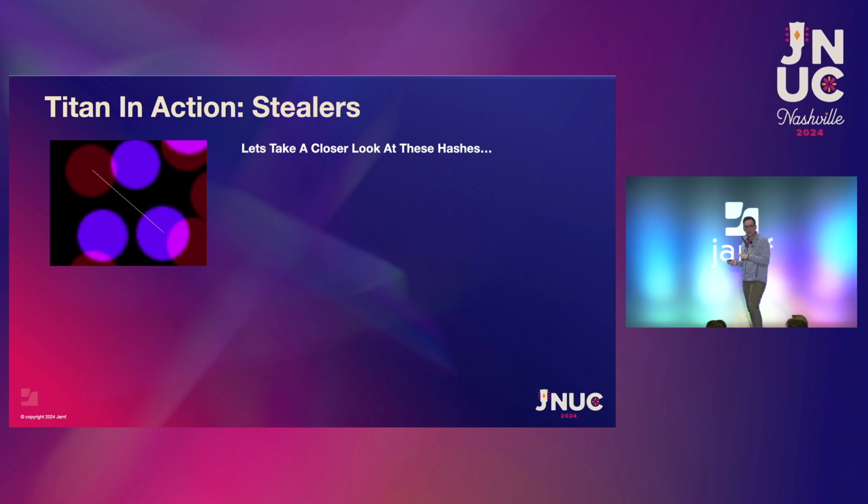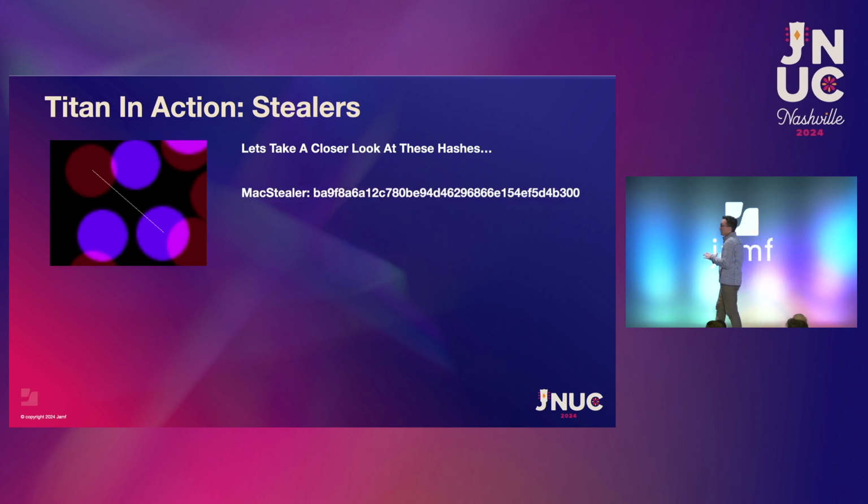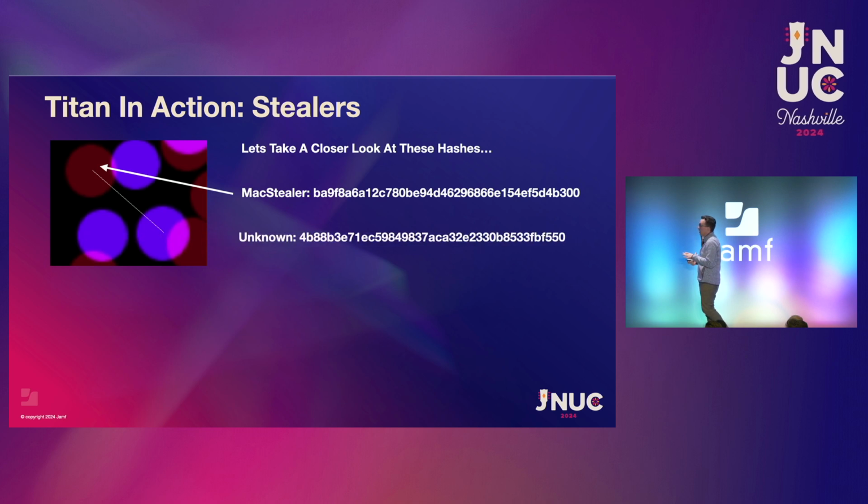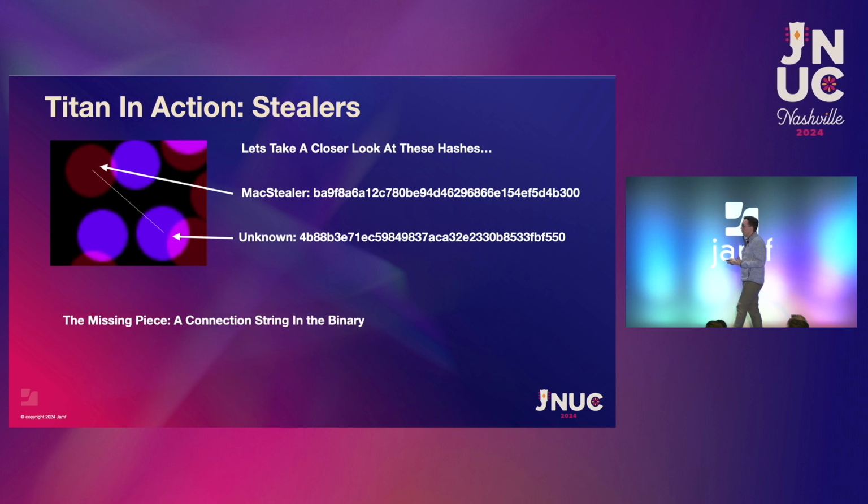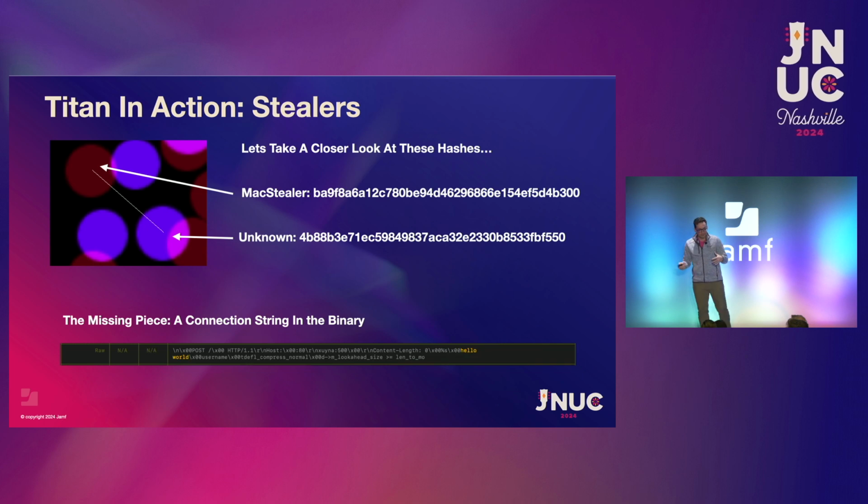So let's take a closer look at these hashes. We've got the two hashes here, this max stealer hash, red one. We've got the unknown hash right here. So I went and looked at the actual Yara rule that was detecting on one and not the other, and found that it actually came down to a missing piece, the connection string in the binary, which for reasons that I guess only malware authors know, includes hello world in their connection string.